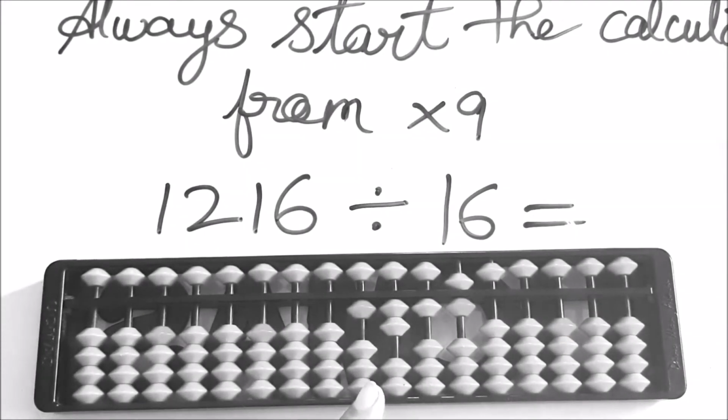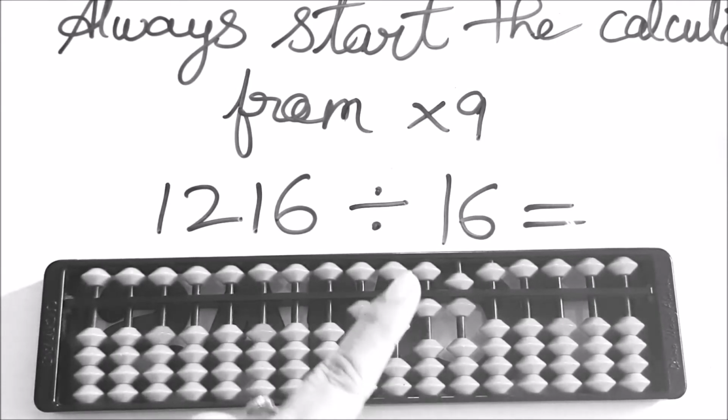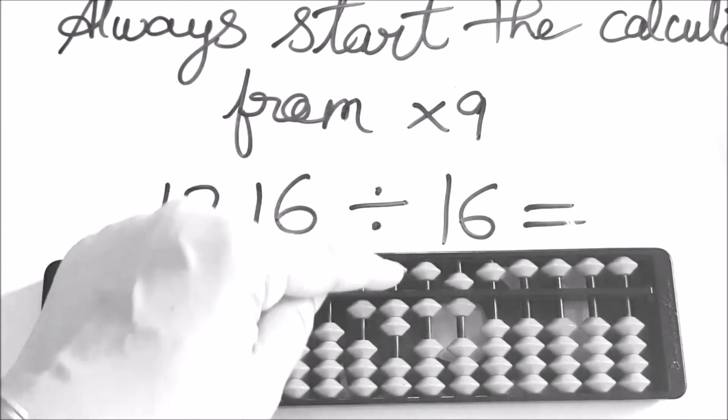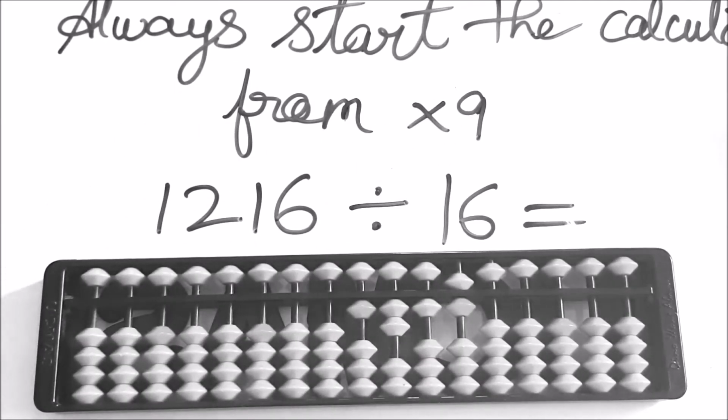But we cannot subtract 144 from 121. So we reduce the 9 to 8. So 16 8s are 128. Now again we cannot subtract 128 from 121. So we reduce 8 again to 7.